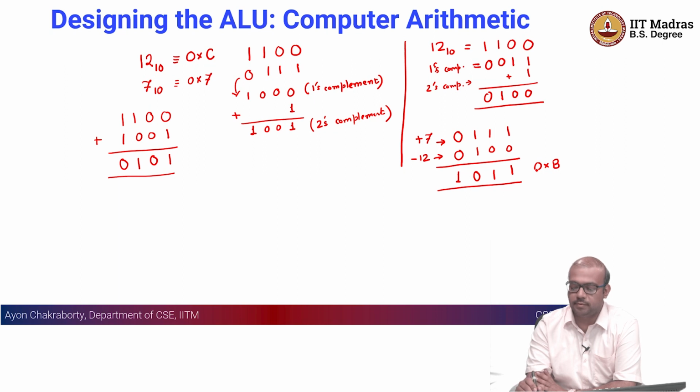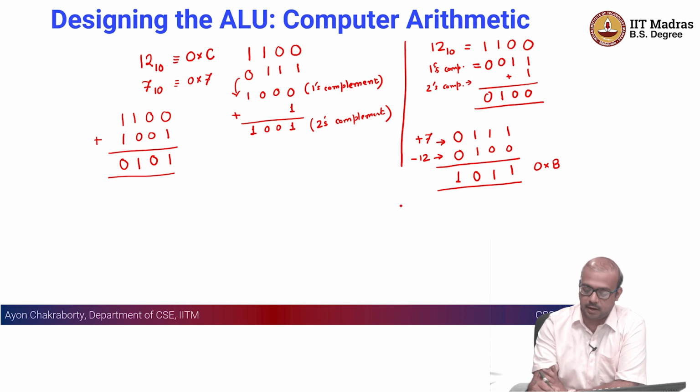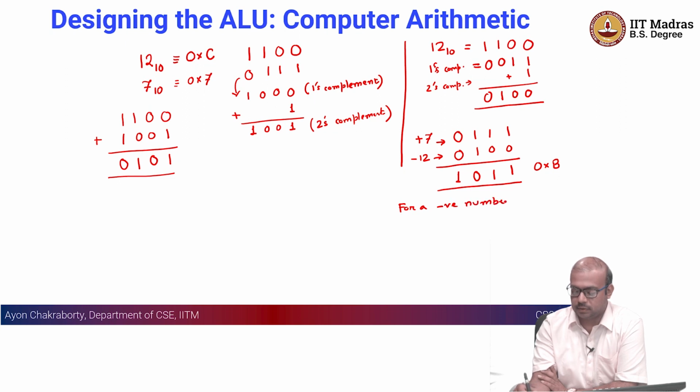So, what you have to do here is that for a negative number, to obtain the sign magnitude, perform the following.